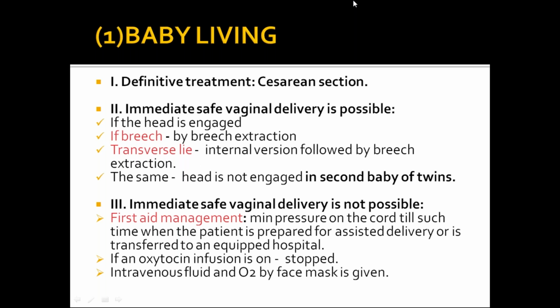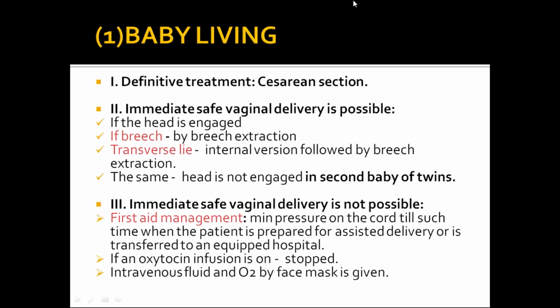So definitive treatment is cesarean section immediately. If delivery is not possible vaginally, always go for cesarean section. If you deliver the baby within 30 minutes, you can save the baby. If immediate delivery is possible and the head is engaged, you can deliver. If it is a breech, by breech extraction.